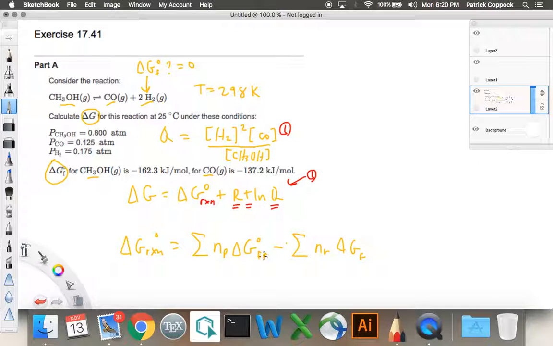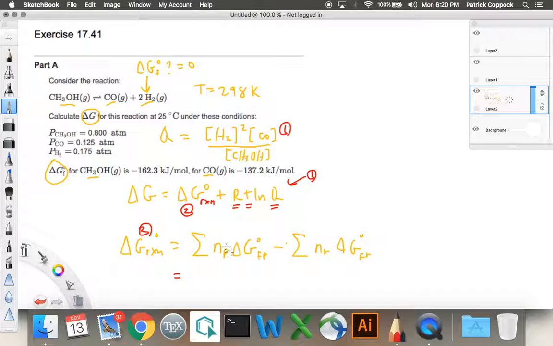This is of the products, this is of the reactants. So we've seen this reaction before. All right, so let's calculate. This is the second thing we've got to do, and that's just by using this equation. Let's go ahead and calculate that.